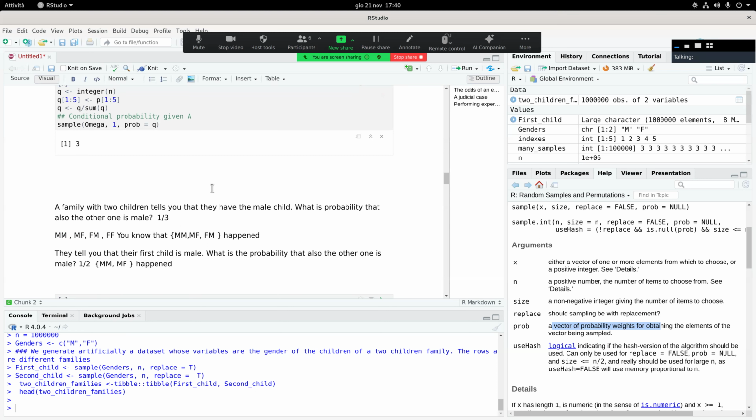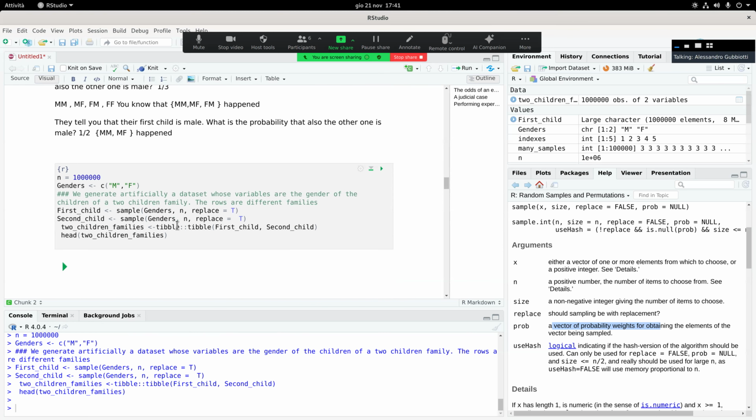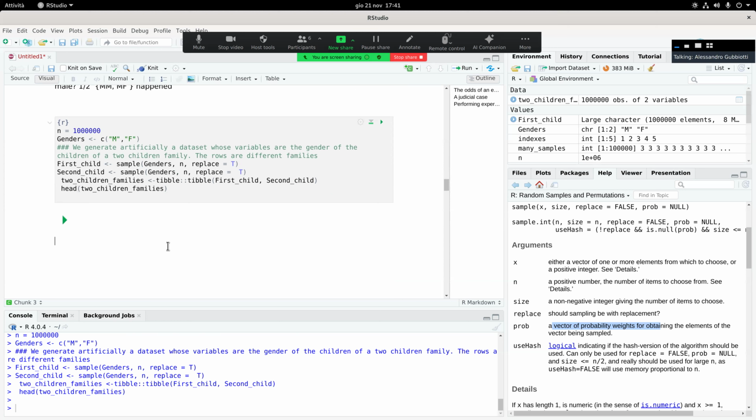If I need to repeat something, I can repeat it. How can you see that this is true? Well, you simply go here. And what do you do? From this huge data set, you filter the families with one child for which one child is male.